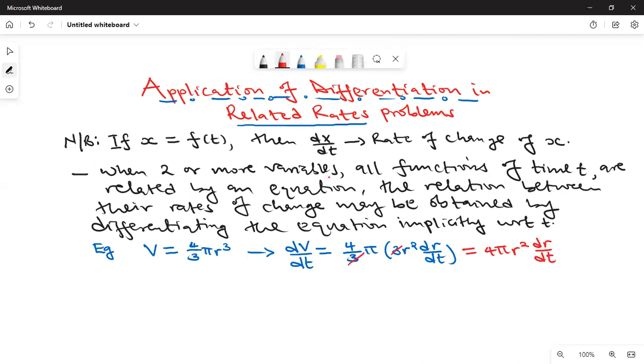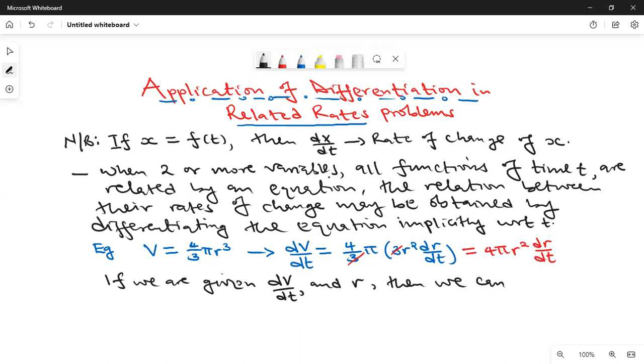So that if we are given dV/dt and also the value of r, then we can find dr/dt by the formula.